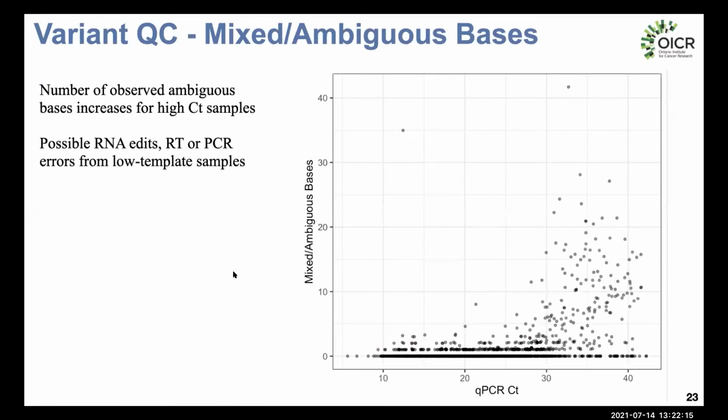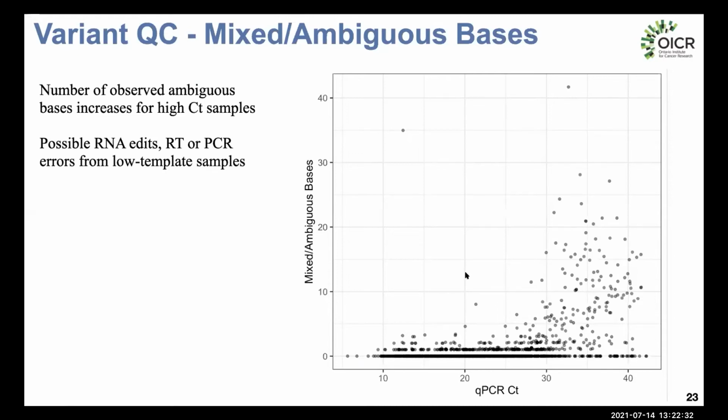Now in CanCoGen, we track the number of ambiguous bases present in the consensus genomes. And again, I'm plotting the number of ambiguous bases seen in our consensus genomes as a function of our qPCR CT values.